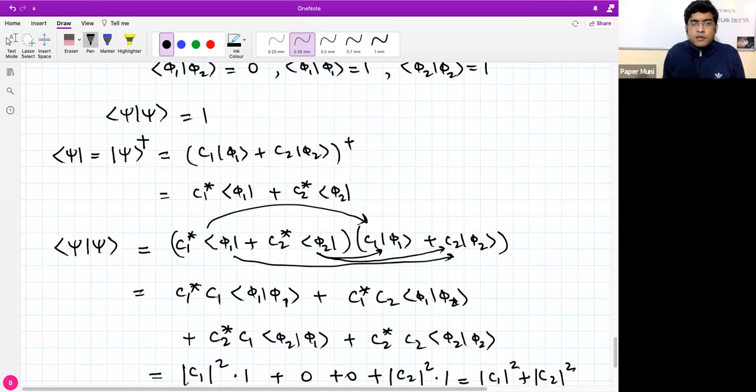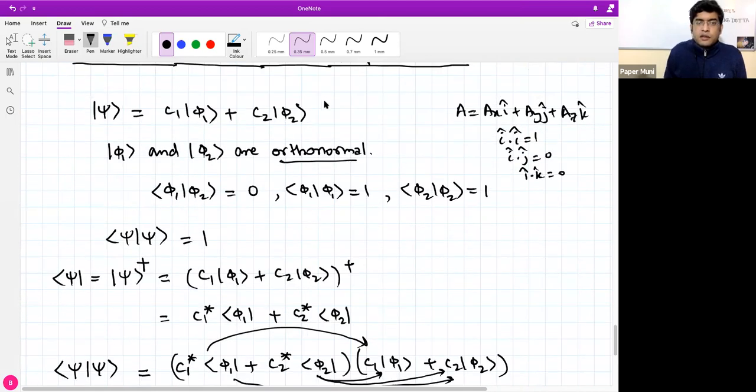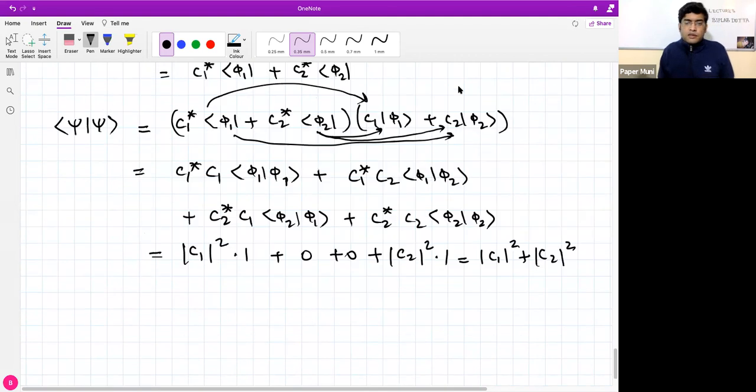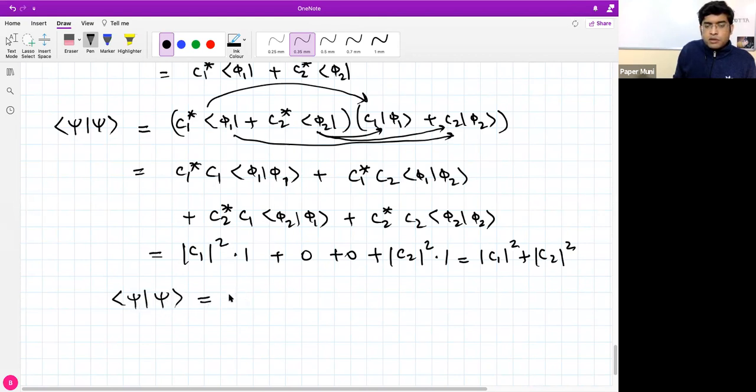Now this statement is for a case where there are two states available. So this is a two-level quantum system. Either it's psi1 or psi2. So when you write the superposition state, the normalization condition comes out to be c1 mod square plus c2 mod square is equal to 1.